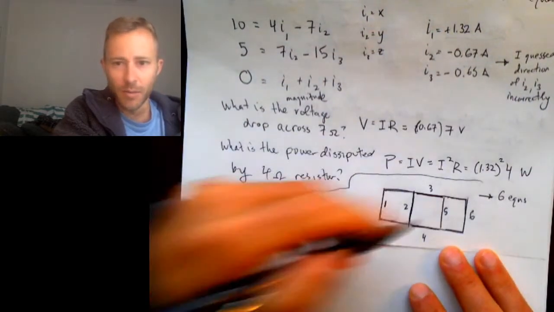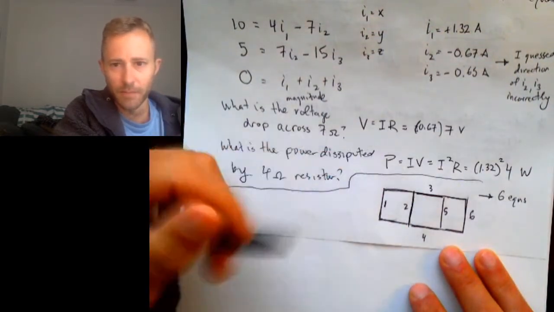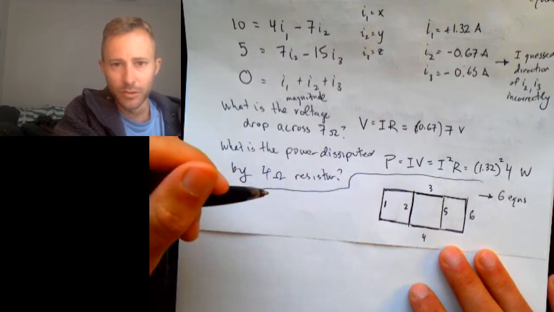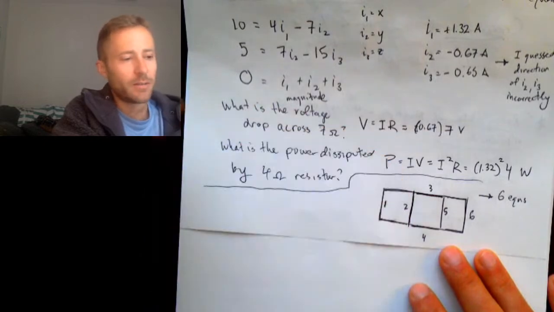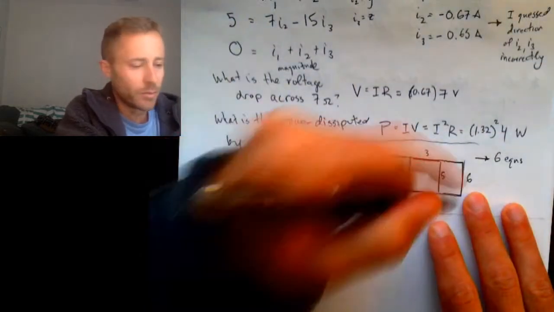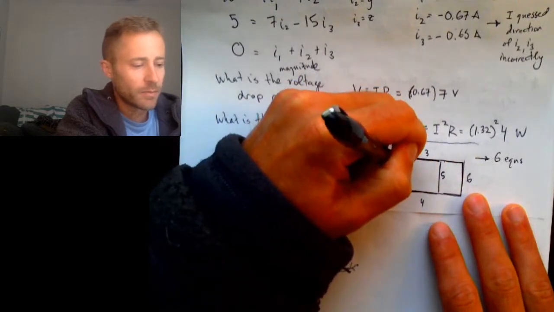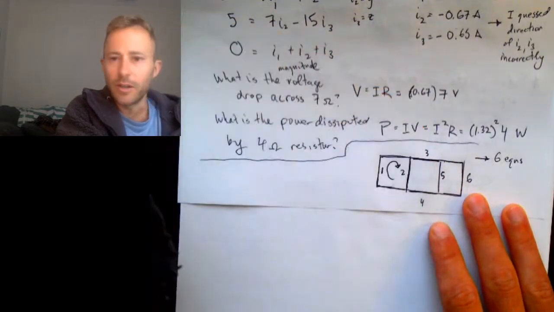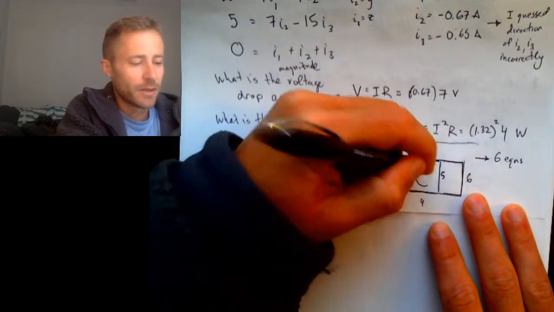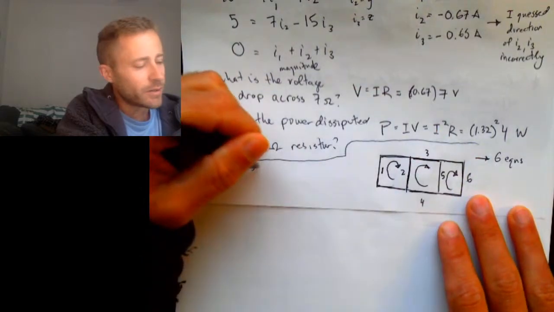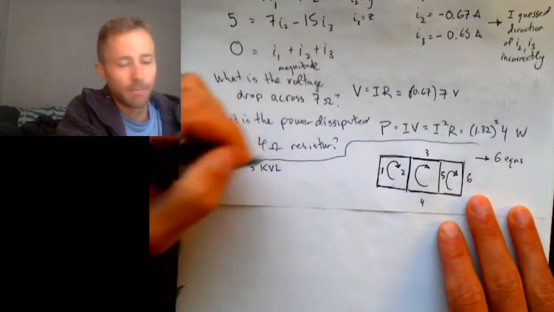I'm obviously not drawing the resistors or the batteries. Now, how many minimal loops are there? Well, there are 3 minimal loops. There's that loop, there's that loop, and there's that loop. So you would get 3 KVL equations out of that.